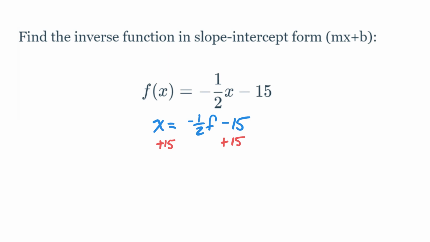There's really not a lot of arithmetic going on in this because there's usually not any like terms. So we end up with negative 1/2 f. Remember, the inverse to 1/2 is positive 2. And we need to multiply times a negative to make sure that the negative sign also goes away.